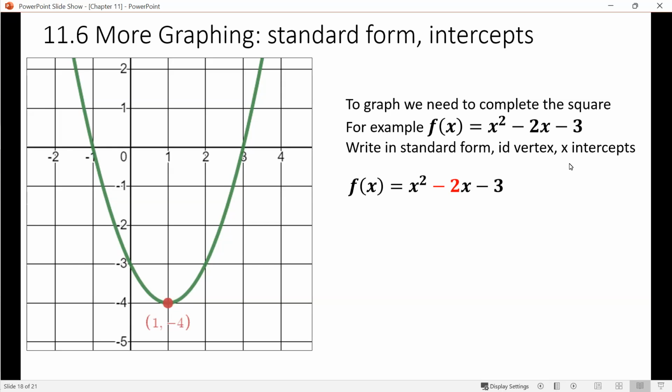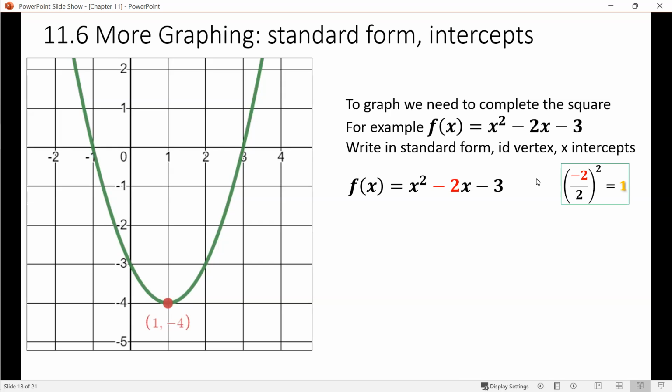For completing the square, we are going to engineer a constant term that relates to the coefficient on our x term in such a way that this will factor into a perfect square, but there'll be some extra constant term that we're going to ignore. Okay.